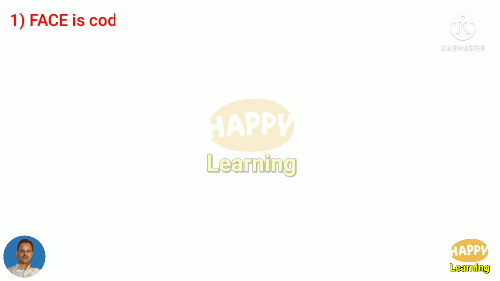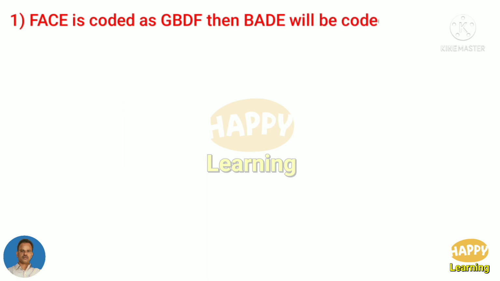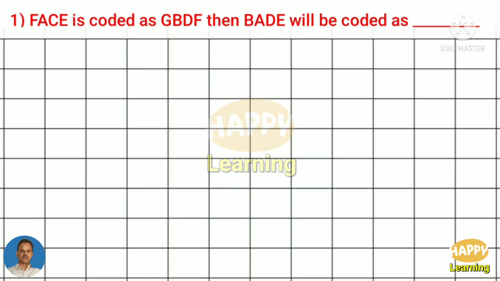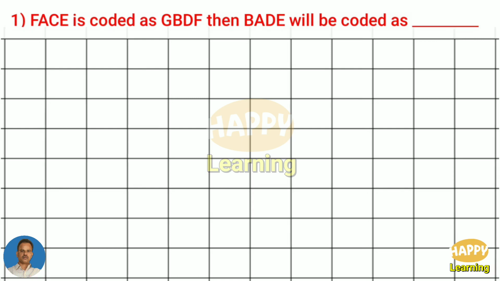Type 4. Phase is coded as GBDF, then BADE will be coded as. So first let us find the relation between the phase and GBDF coding. I'll write FACE and GBDF.